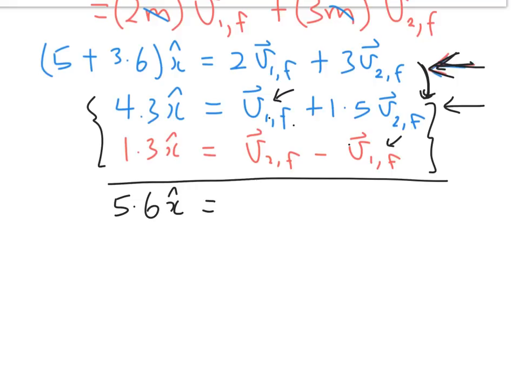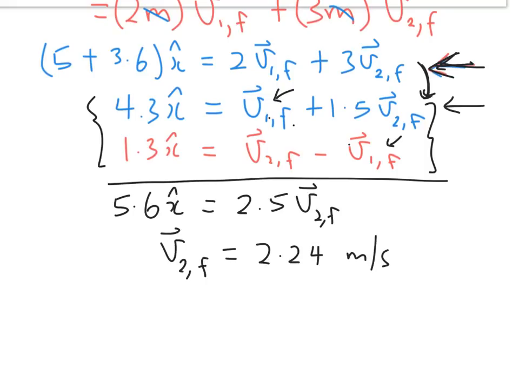So 1 plus 1.5 is 2.5 v sub 2f. So from here, v sub 2f is equal to, I divide both sides by 2.5, and when I do that, I'll get 2.24 meters per second in the x-hat direction.